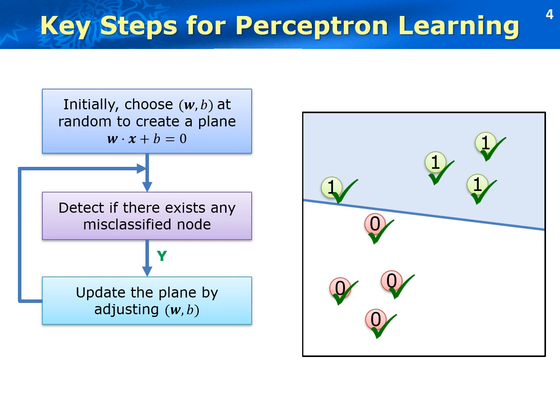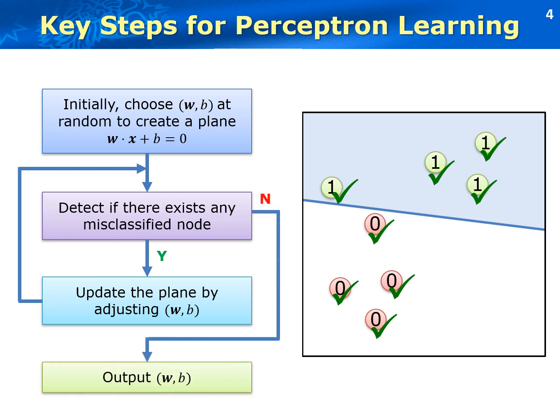In this case, there are no misclassified points. Therefore, we exit the for loop and output the weights and threshold value for the final plane. This is the basic step for training the weights and the threshold values for the perceptron.